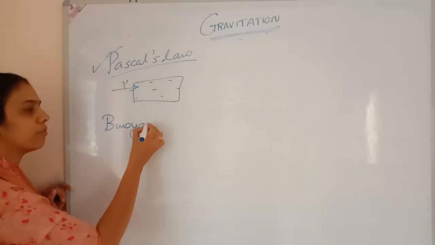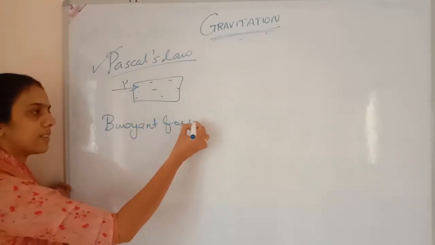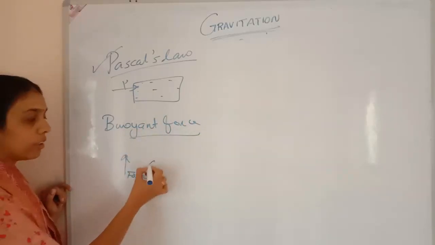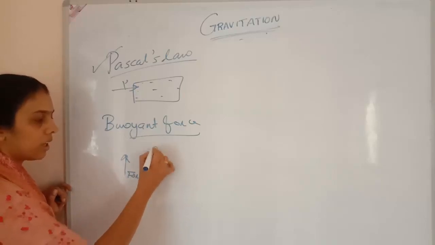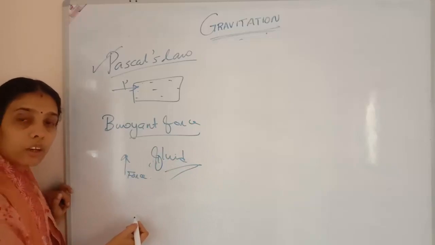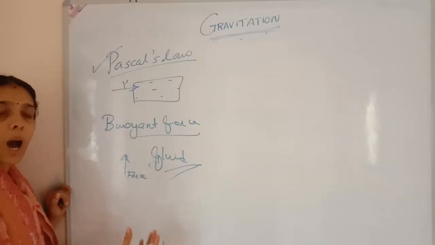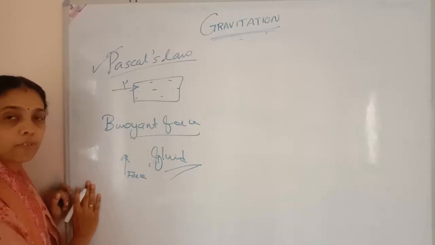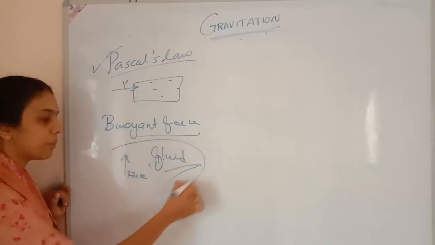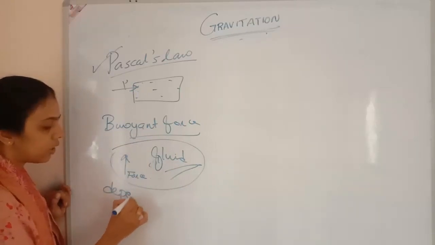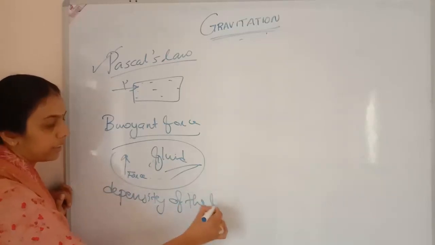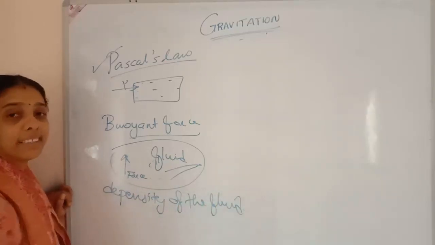What is buoyant force? Buoyant force is the upward force exerted by the fluid on the object. This buoyant force depends on the density of the fluid.